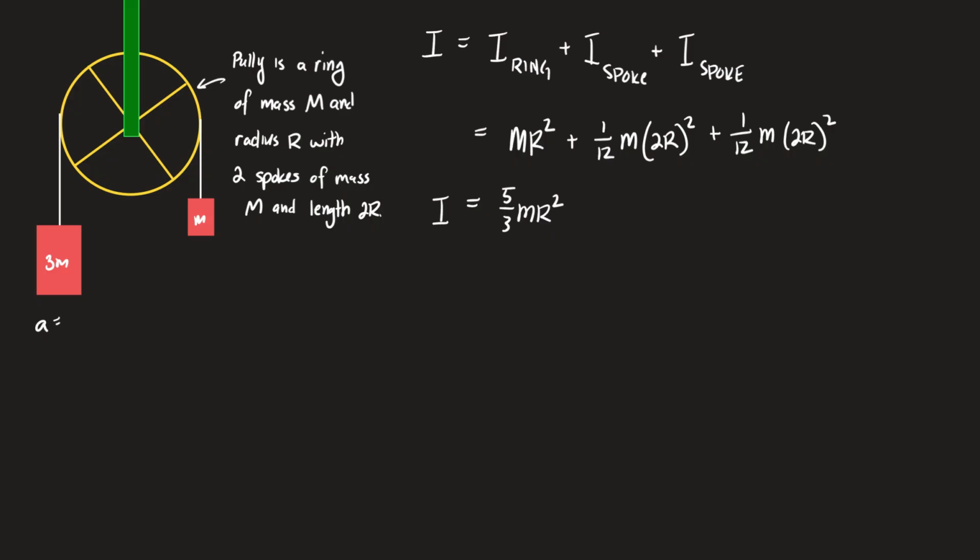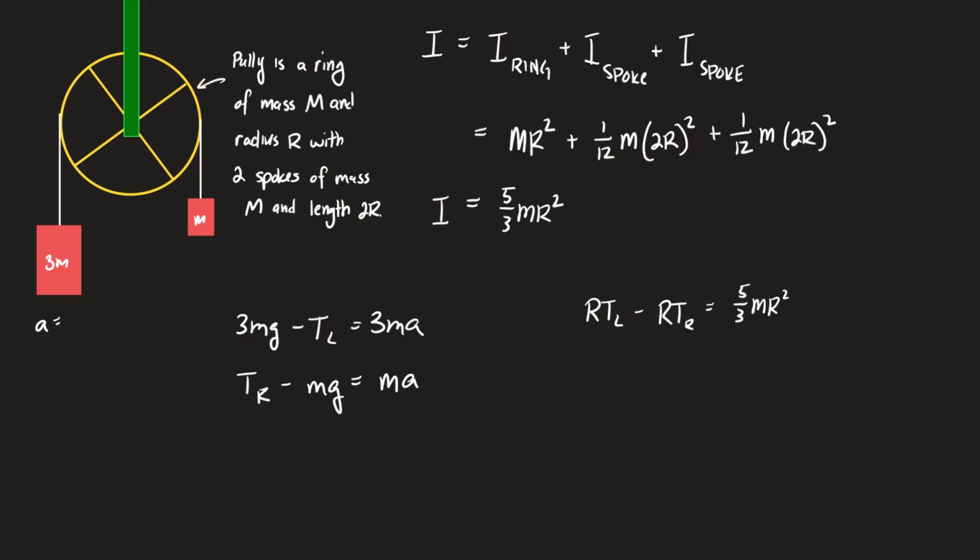6/17 g. It's largely the same as the other problem, so we're still going to have something like 3 mg minus tension on the left equals 3 ma. That's still going to be true. And tension on the right minus mg is going to equal ma. That's still going to be true. What differs isn't even those torques. The torque is still going to be RTL minus RTR equals, this part's different. The inertia of just the ring itself, which is 5/3 mr squared.